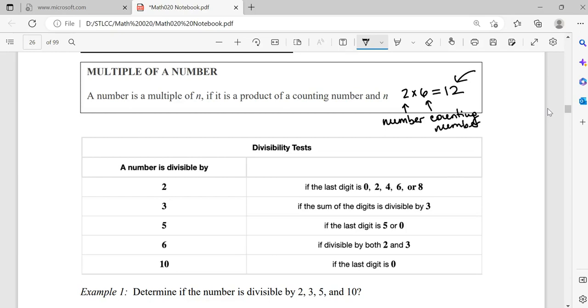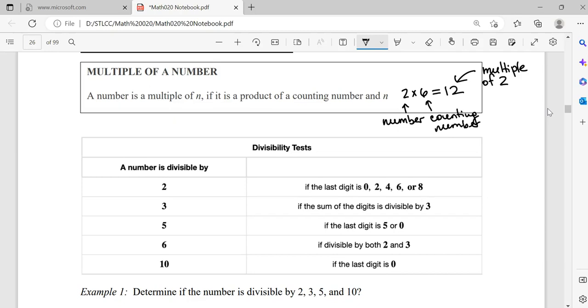And the 12 is going to be a multiple of 2. All right, so that's how you get all the definitions in there. Again, if you need to know if a particular number is a multiple of another number, just double check your multiplication table or remember your multiplication facts.